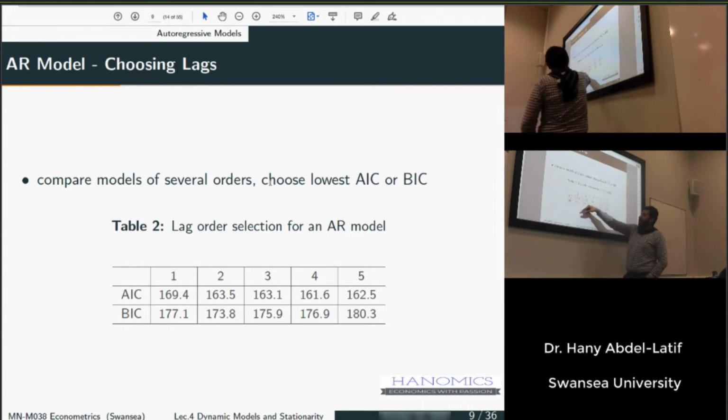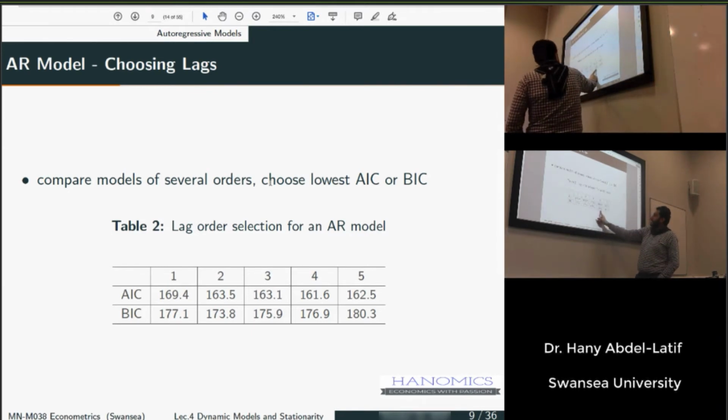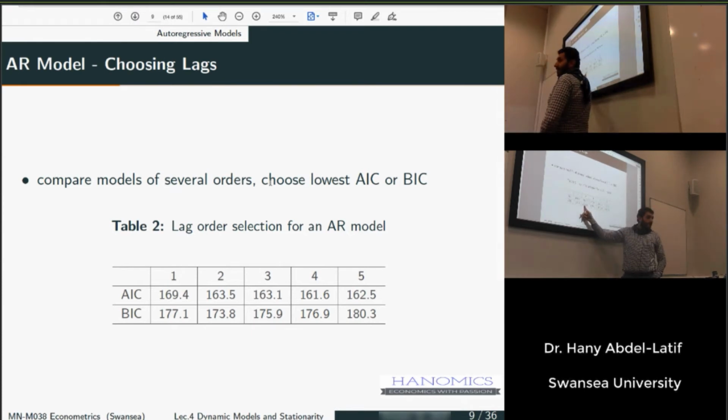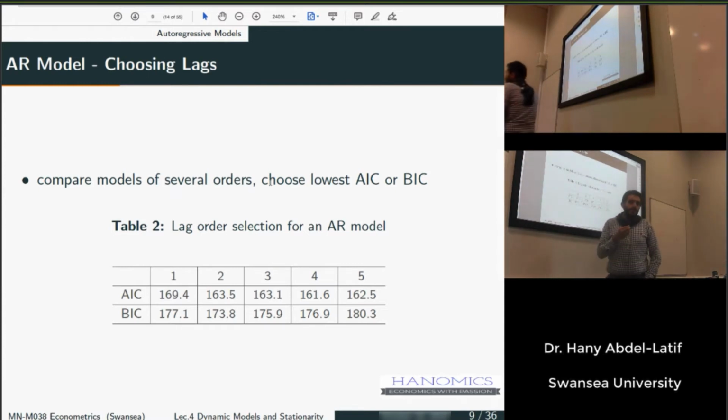According to the first criterion, 4 lags should be included because this is the smallest number. According to the other, it might not be the same. It's the second, so it's 2 lags. Sometimes people come to me and say, well, actually there are more information criteria, not just these 2.